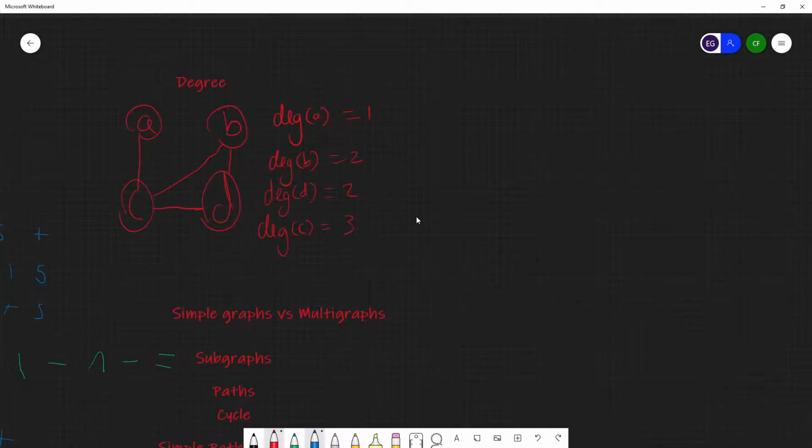But we can also do something different for directed graphs. We can do something called in-out degree. Let me show you that now. Let's create the directed graph again.